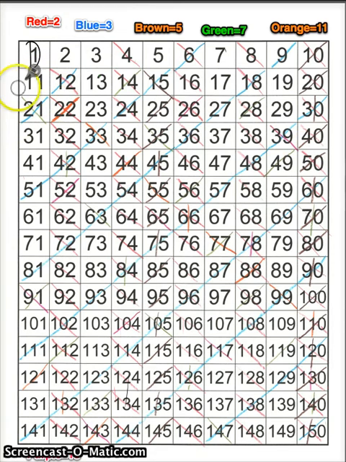Now that works except for when it comes to 1, because 1 would be considered a prime number then, but 1 is not prime. So instead, you have to say that if the number is prime, it only has 2 factors.